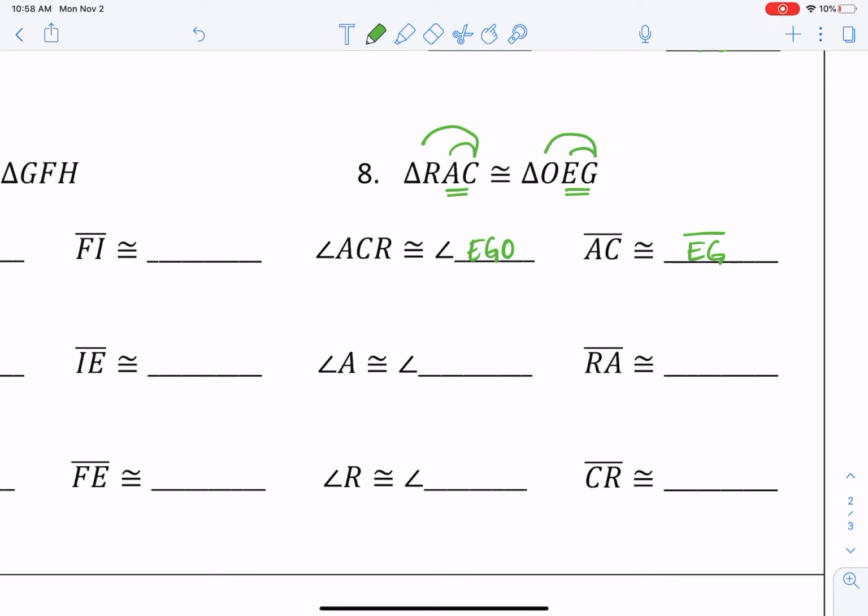Notice that I'm just getting this based on the order of the triangle names. Angle A matches angle E. Side RA matches side OE. Angle R matches angle O. And CR matches GO.